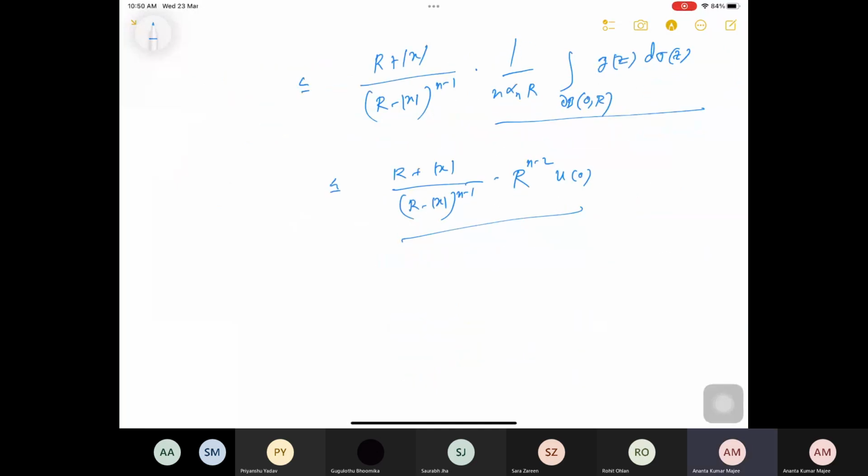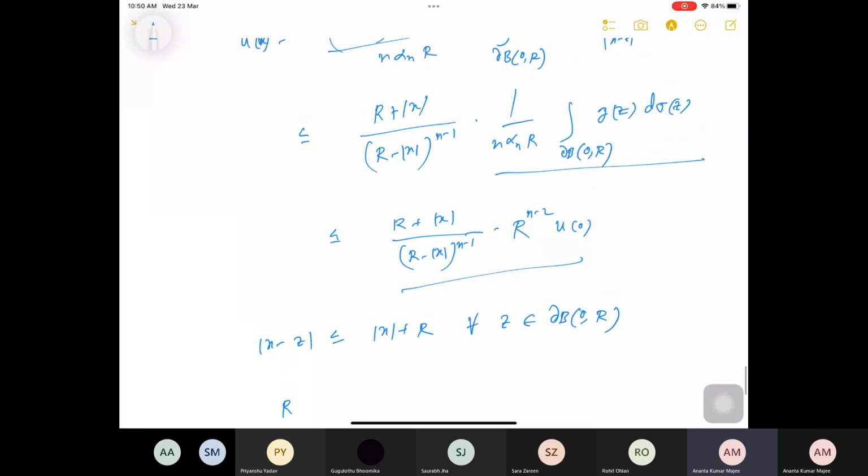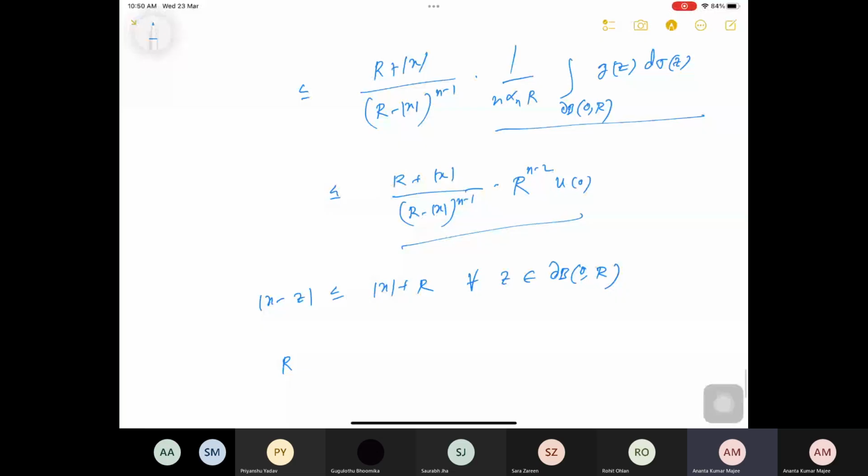Now to prove the second inequality, again I can think of |x - z| is less than or equal to |x| + r for all z in my ∂B(0,r). So now if you do similar calculations, in this case I had replaced by r minus |x|, so then you have to replace by |x| plus r, but it is in the opposite sign.